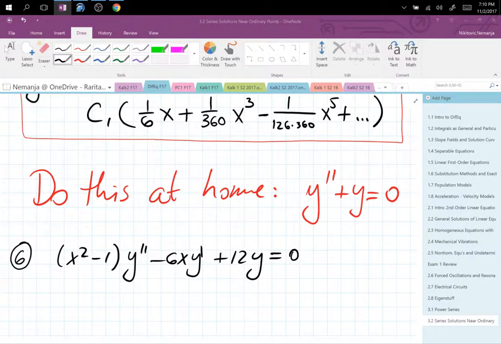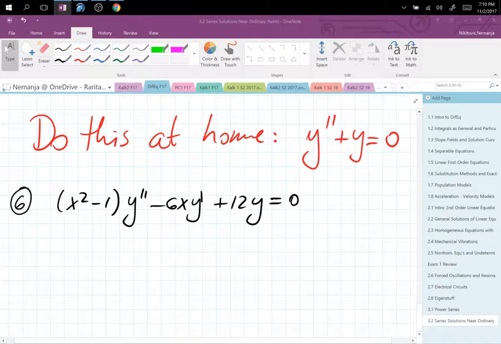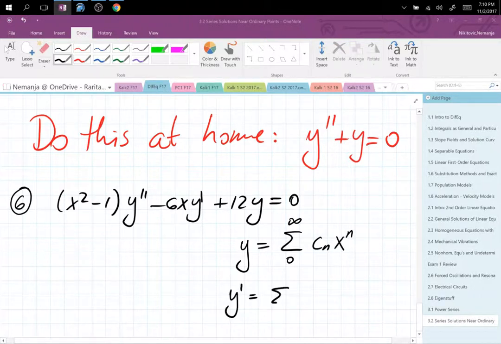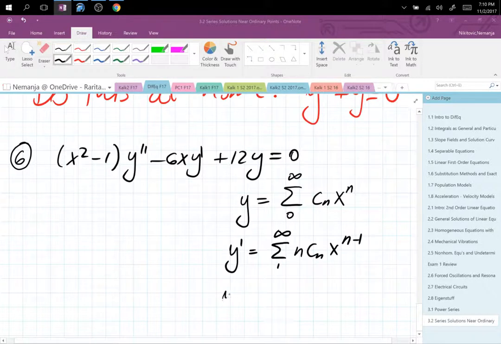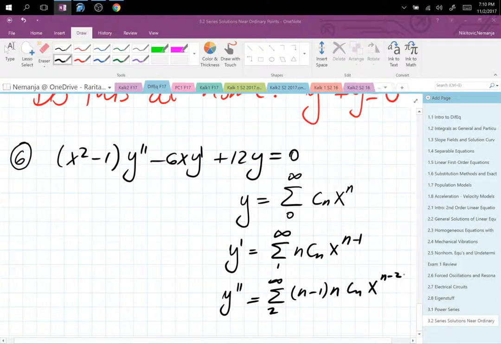We start again with the same deal where we assume that the solution is the power series, sum from 0 to infinity of c_n x to the n. We find the first derivative, which will be shifted by 1, n c_n x to the n minus 1. And we find the second derivative, y double prime, which is the sum from 2 to infinity of n minus 1 times n c_n x to the n minus 2.